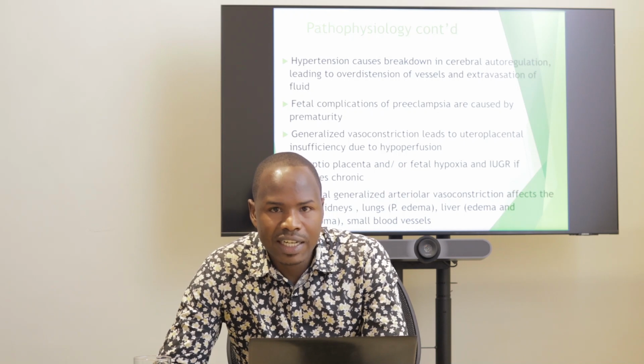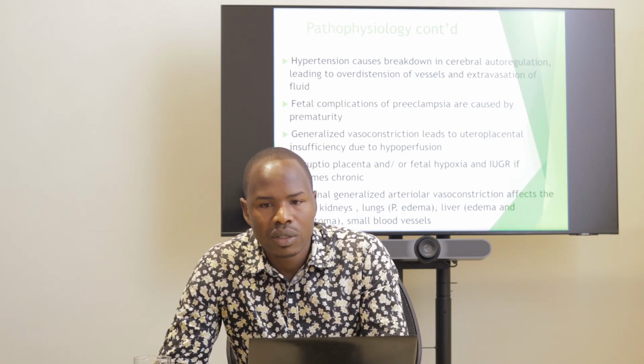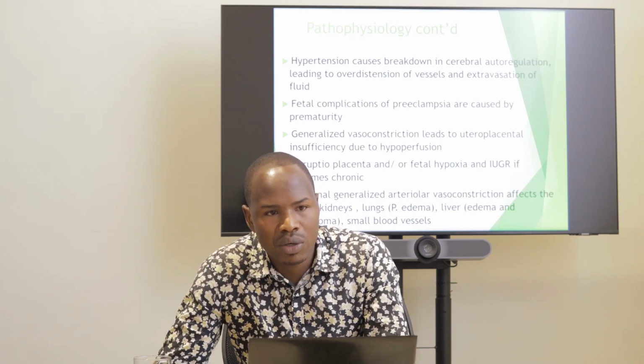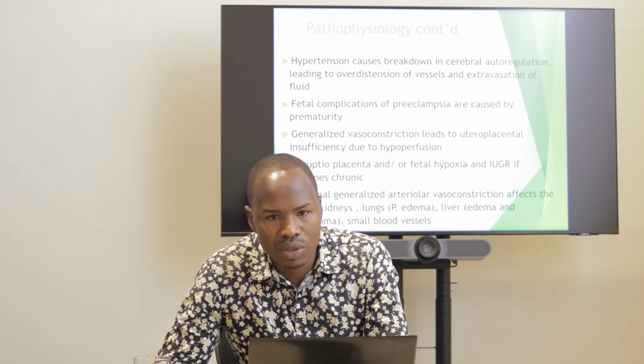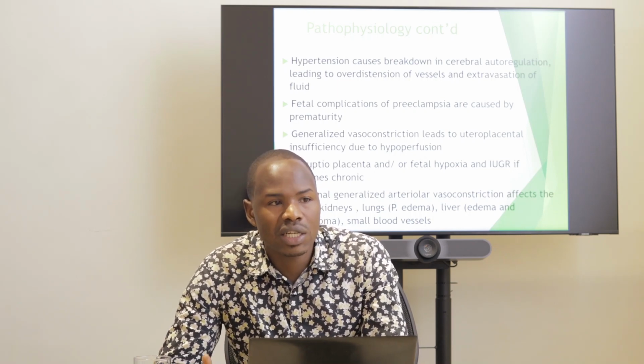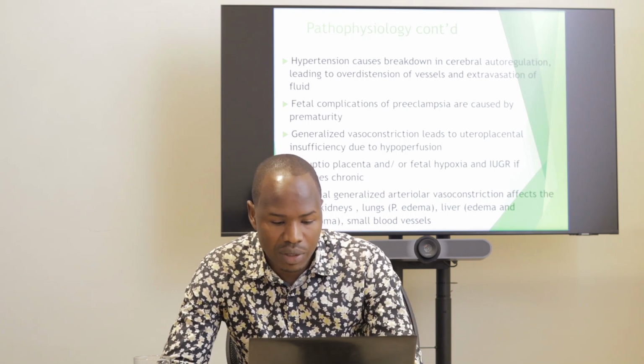That's why the client will develop signs and symptoms like she may come complaining of right upper quadrant pain and epigastric pain, and by physical examination we can find tenderness in the right upper quadrant and epigastric area.